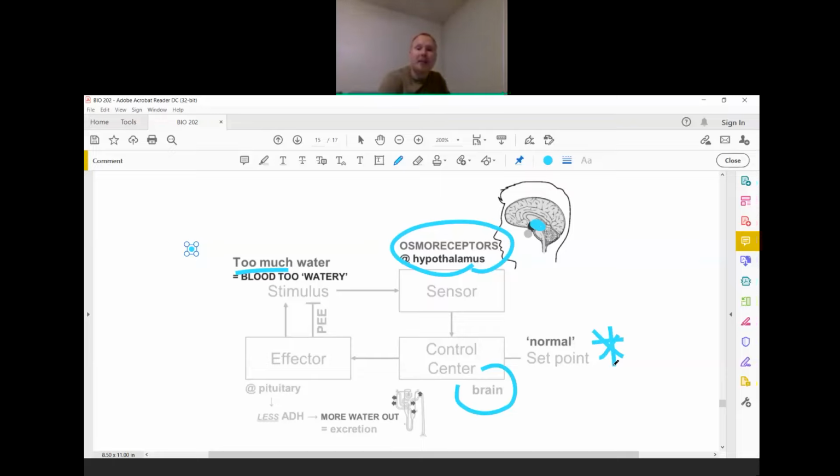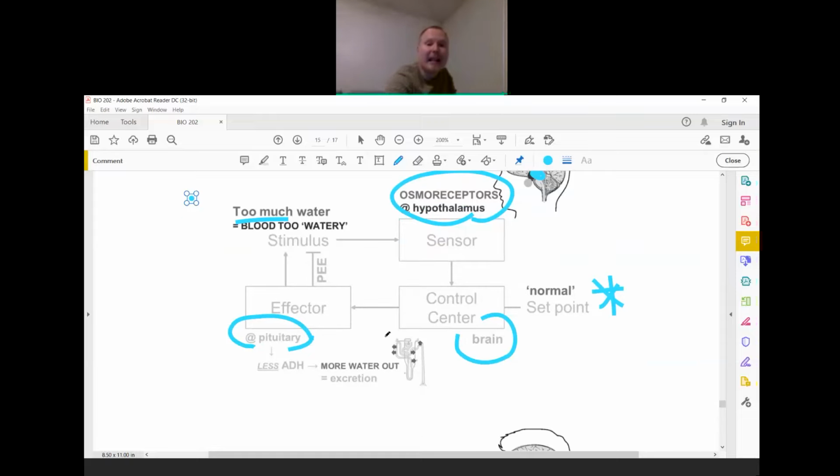We compare this stimulus to this set point, and if it is off, the effector kicks in, and the effector in this case is the pituitary gland, which is going to be secreting less ADH. And if we make less ADH, that causes more liquid to be produced in the nephron, and as a result, we end up peeing more. So we get rid of some of that.